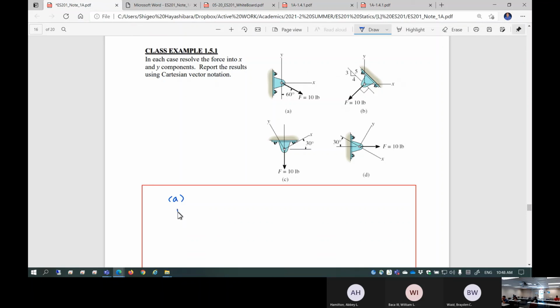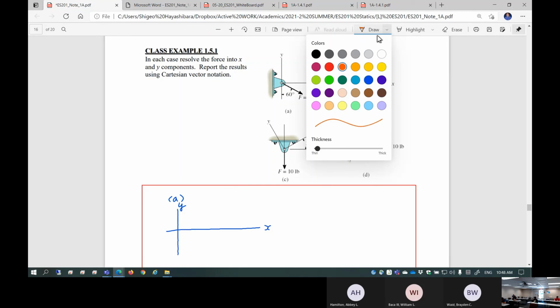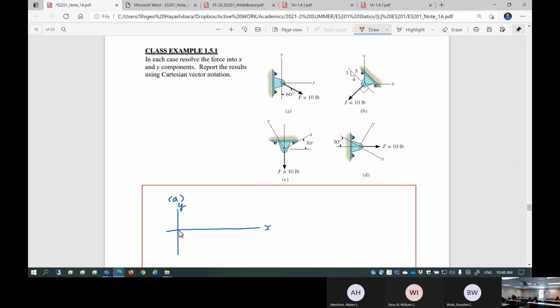It looks like this is y, this is x, and the force F of 10 pounds is in this kind of direction. Is this a pound mass or pound force?